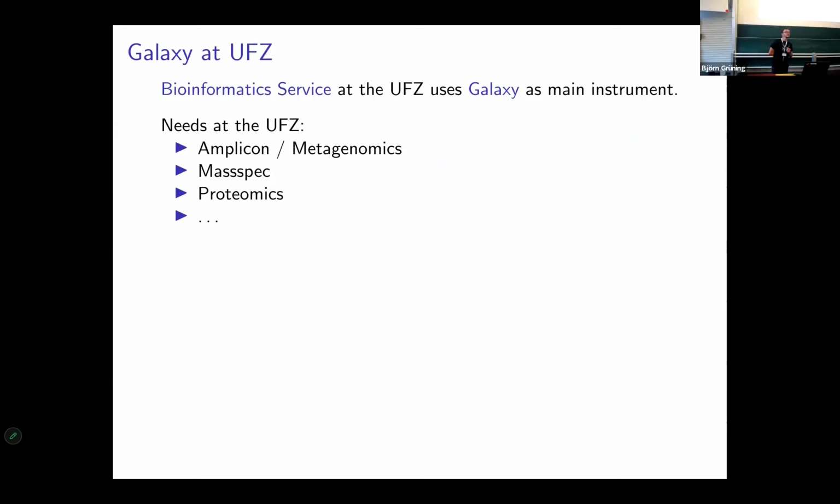They want to do amplicon analysis, metagenomics, mass spectrometry, proteomics. There are only a few topics that we don't scratch at one or the other point. And of course, I only know little about all those topics. So I can't do everything, so I need a community. And that's what Galaxy helps me a lot with.